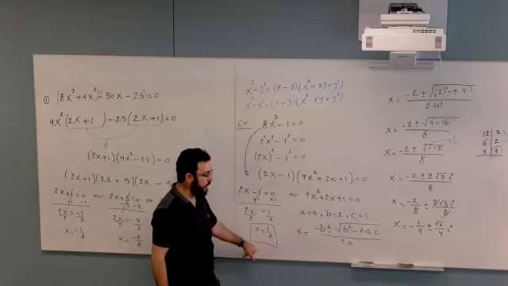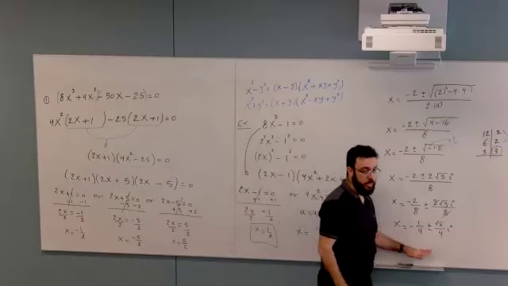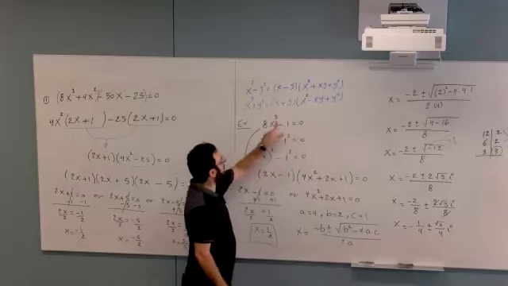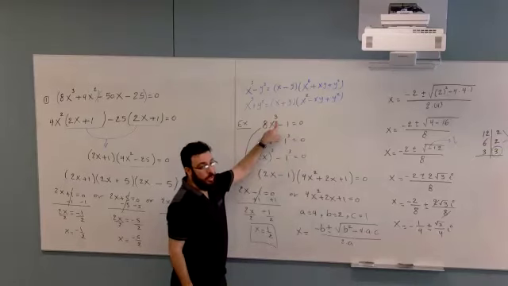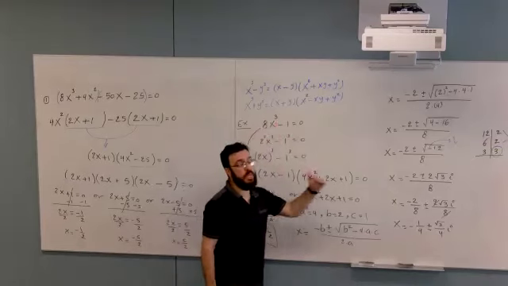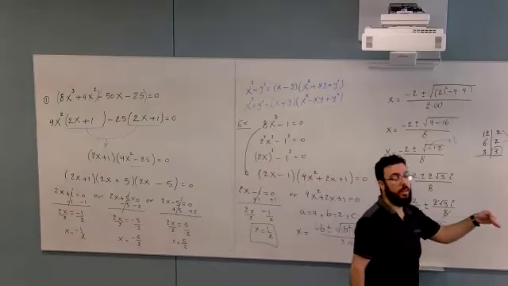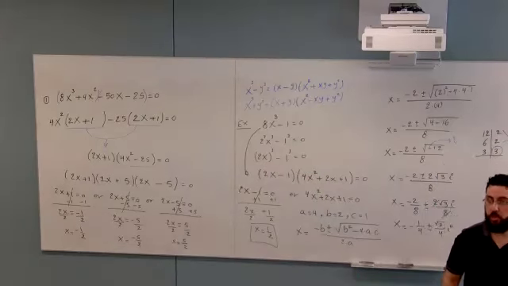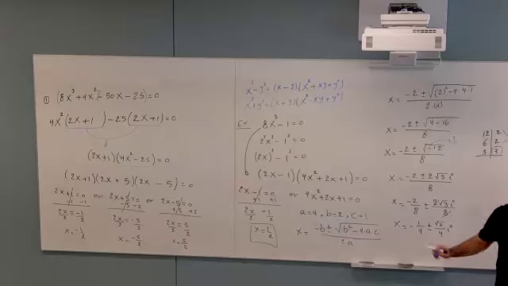On this side, you got 1 solution. From here, we got 2 solutions. Check. It's a cubic. I told you when it's a cubic, the maximum number of solutions is going to be 3. Could be 2, could be 1, could be none. Is that okay? Any questions so far?